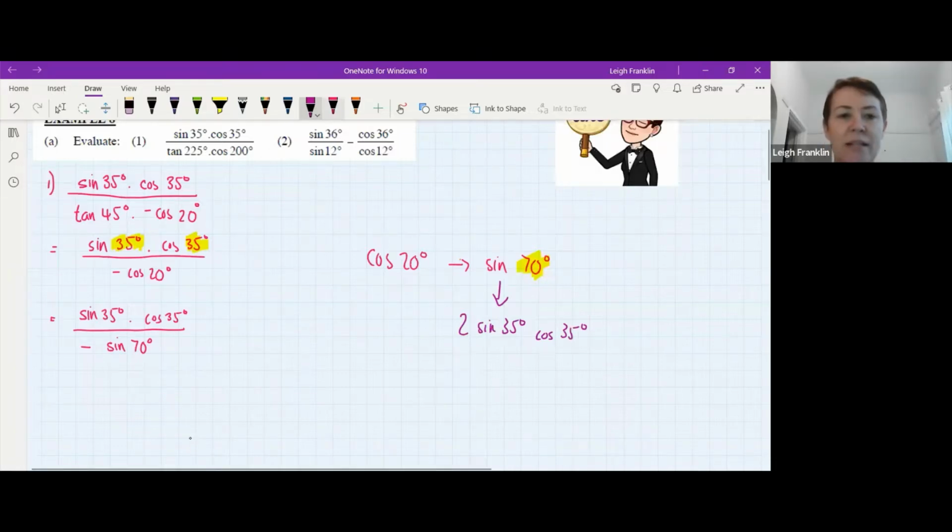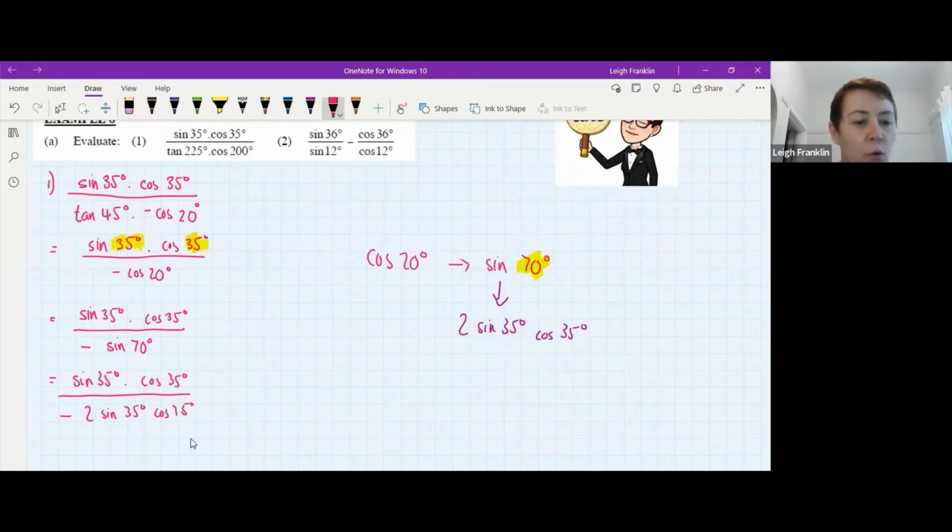Okay, that's my sine double angle identity. So I'm expanding, not forgetting my negative, 2 sine 35 cos 35. And now Njabulo, all that remains for me is to cancel down.